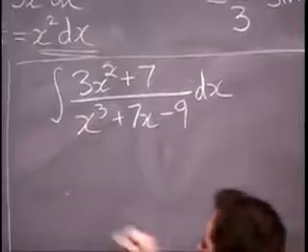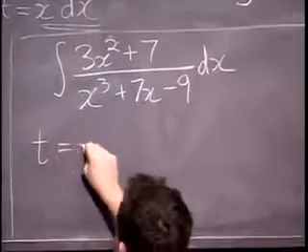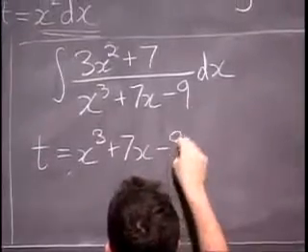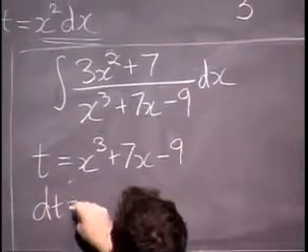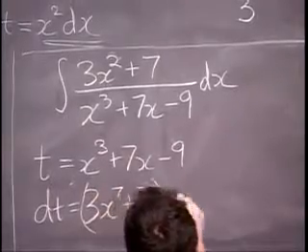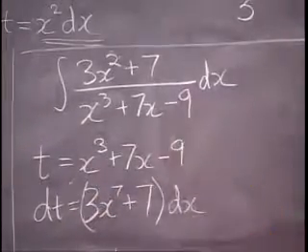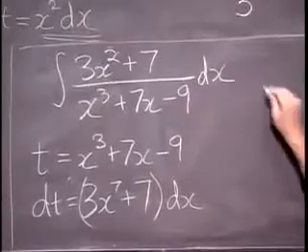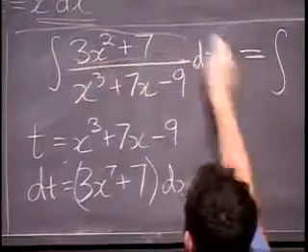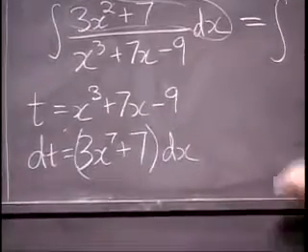So that suggests that if we set t is the denominator, x cubed plus 7x minus 9, that dt is 3x squared plus 7 dx, and that's exactly what's on the top. So the whole top here becomes dt.